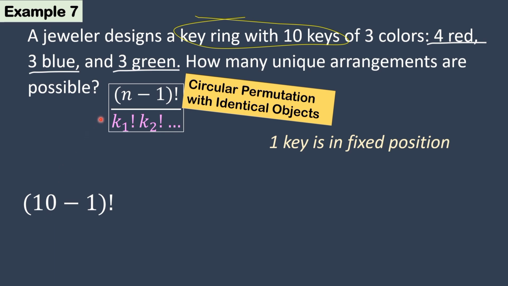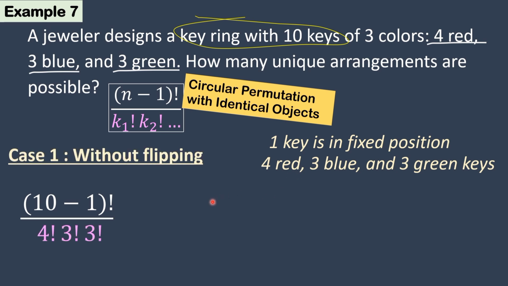N is 10, that is 10 minus 1, which is 9 factorial, divided by the factorials of the identical objects. 4 red, that is 4 factorial, times 3 blue, which is 3 factorial, times 3 factorial for the 3 green keys.